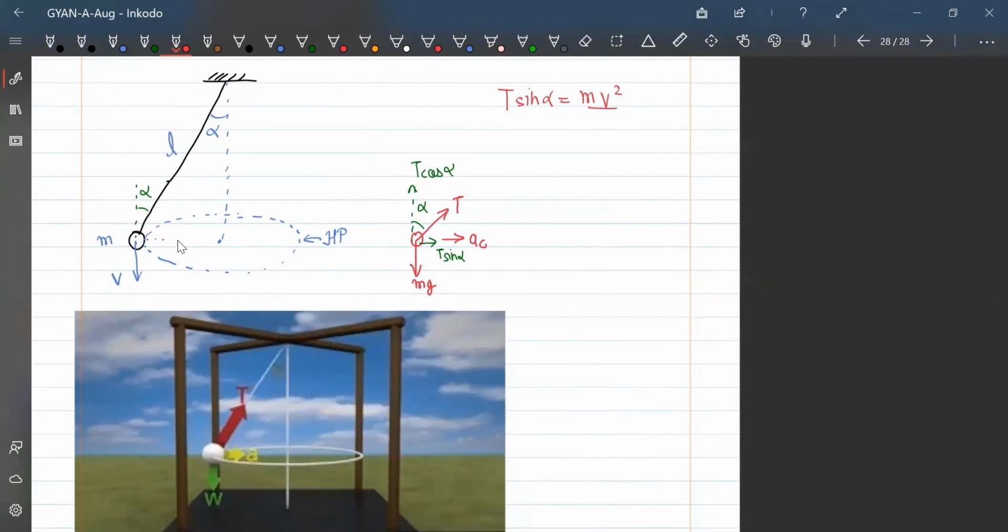So mv square by r. Radius कितना हो जाएगा? Bharvi, the radius is? नहीं. L sin alpha हो जाएगा. See, ये एक right angle triangle है. ये L है तो L sin alpha हो जाएगा radius. So mv square by r को हम लिख सकते हैं L sin alpha. So tension, as you said, will be mv square by L sin square alpha.